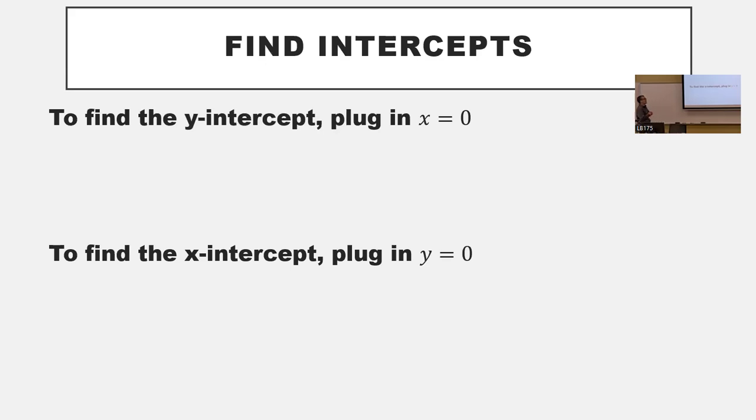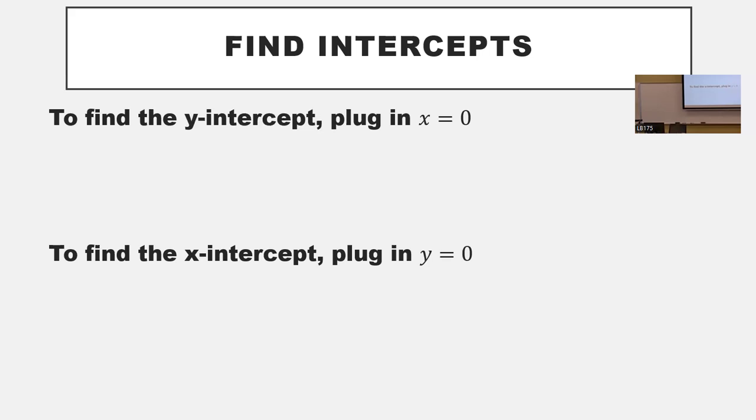And we've already found intercepts before. Not in the linear equations, but with absolute values. Remember the absolute value functions? Whenever we find x and y-intercept, it's going to work the same.